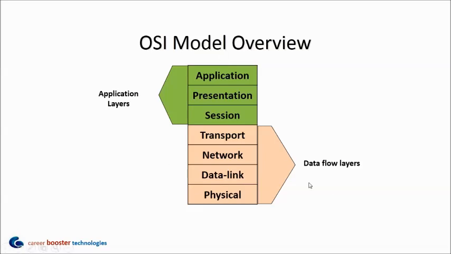Looking at all 7 layers, the bottom 4 typically take care of the actual transmission of the packet or data. Physical is very clear, that's the only physical link we have.